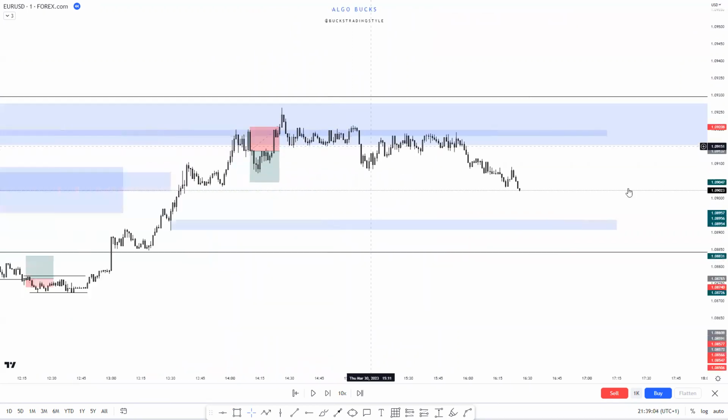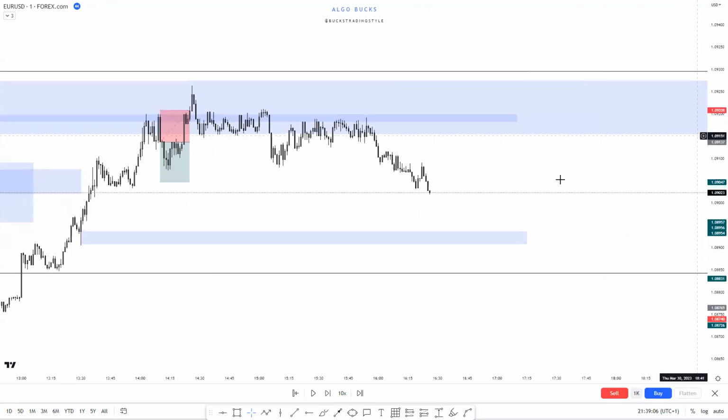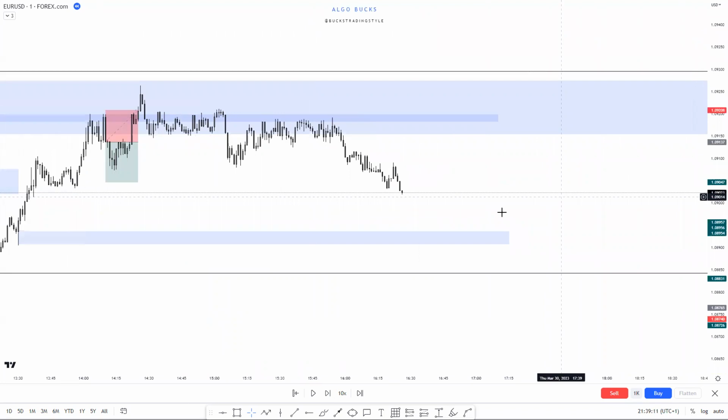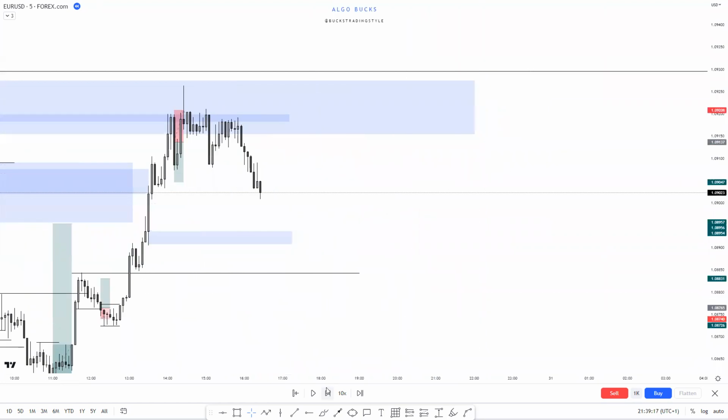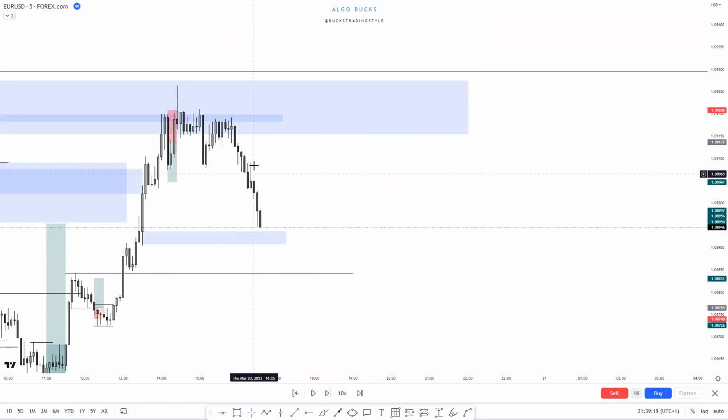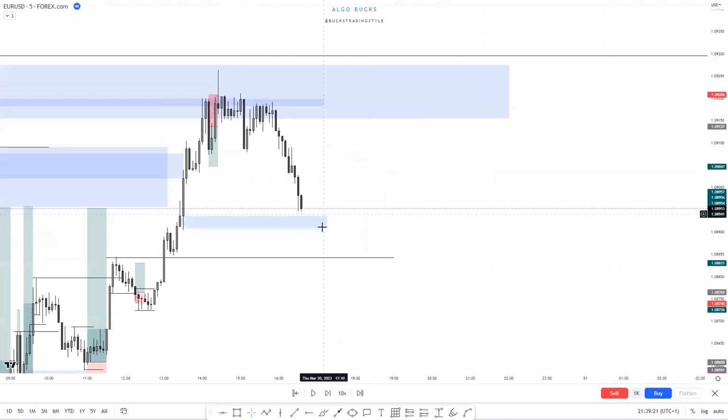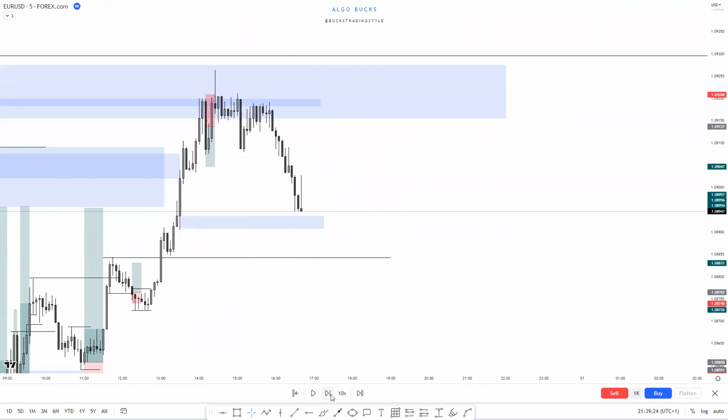And then on the M5, we are looking at a possible transactional liquidity. Let's go to the M5 and see what price did. The price did not go back to take out this high. Now let's see if we get a mitigation.